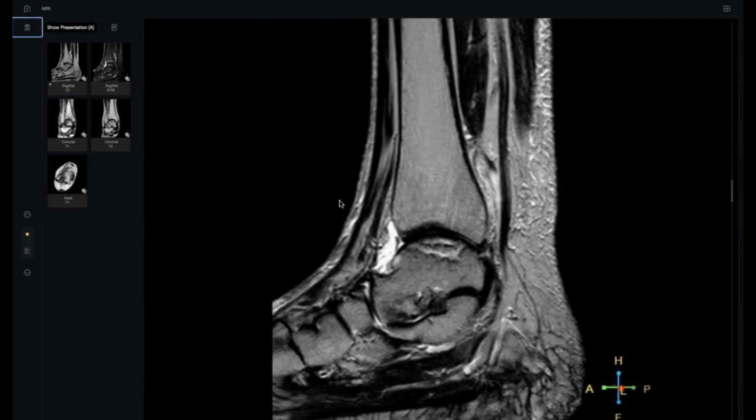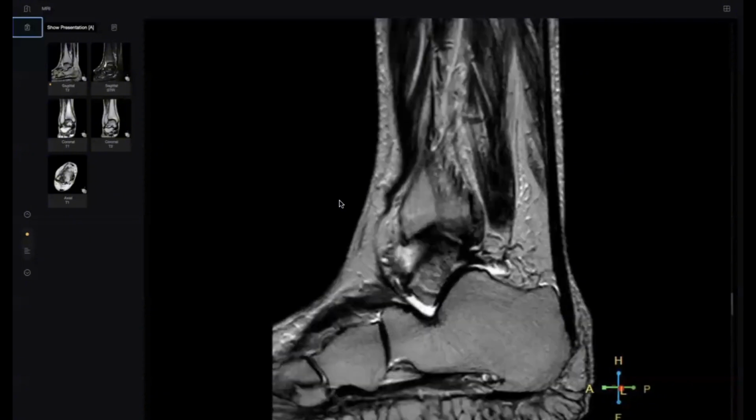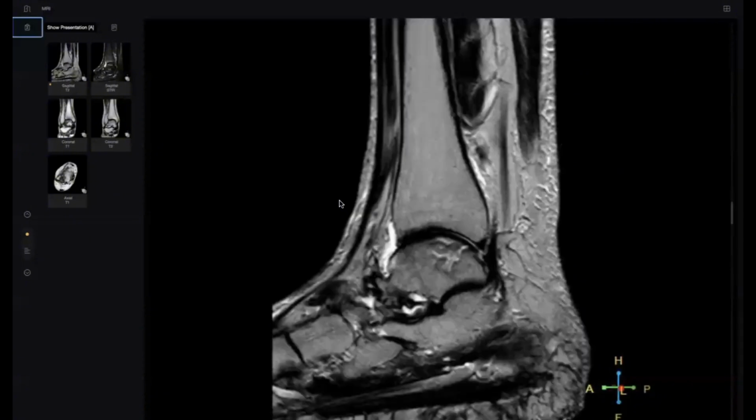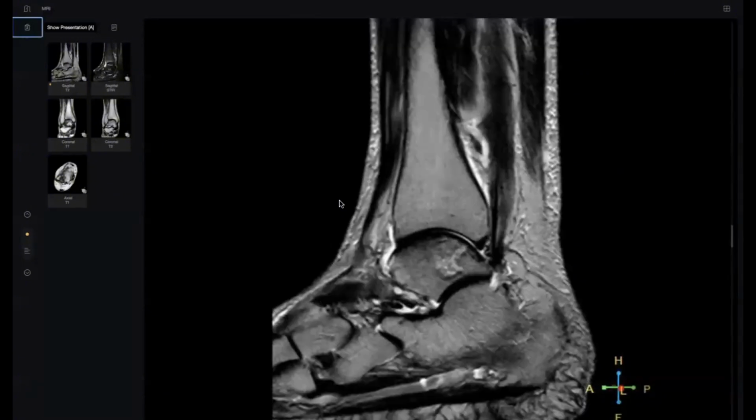In my routine practice, I want to check the rest of this sequence and projections. What's your differential, doctor? First, you describe all, especially in MSK, it is not related to the surrounding.